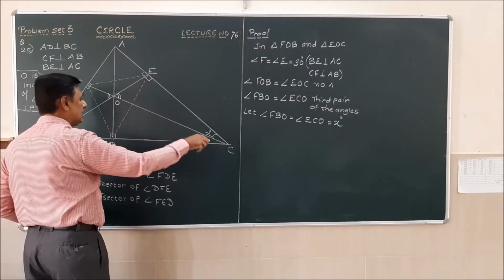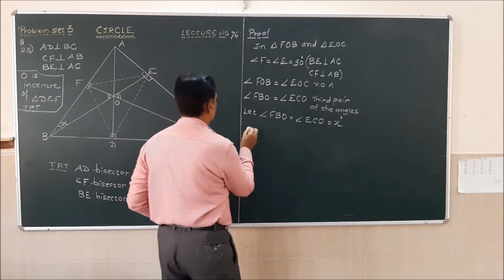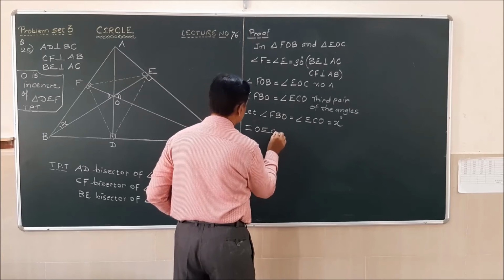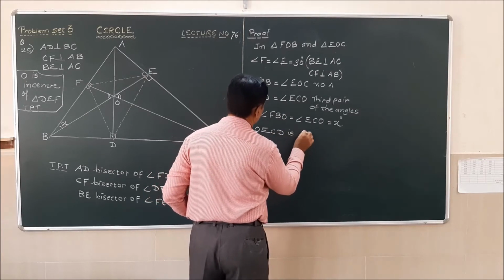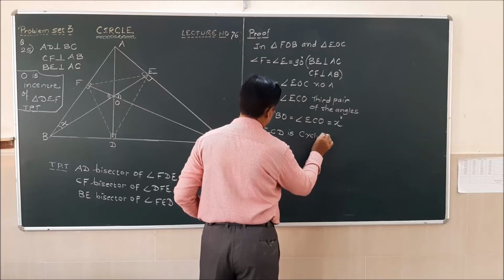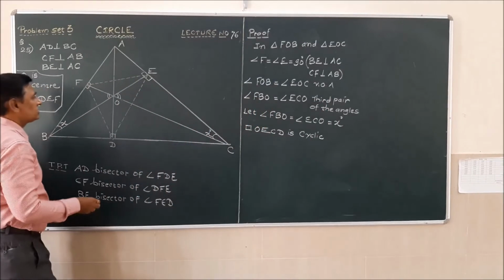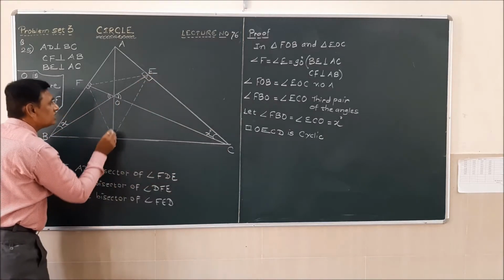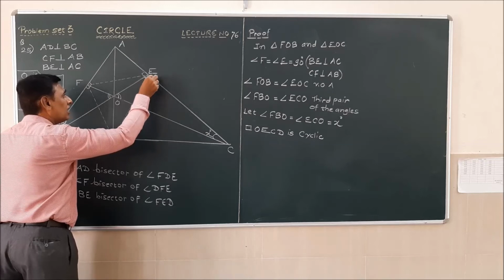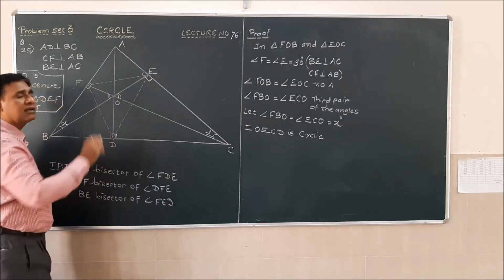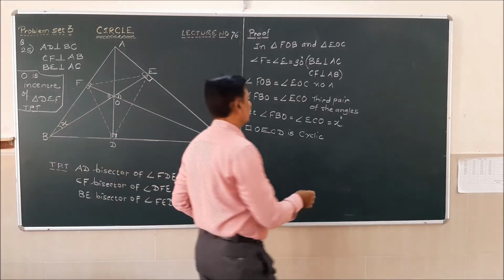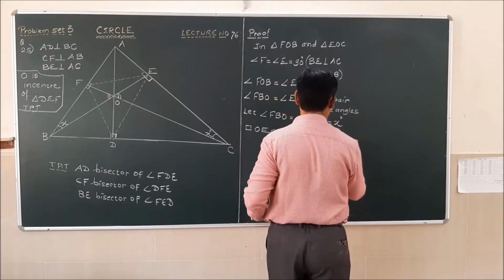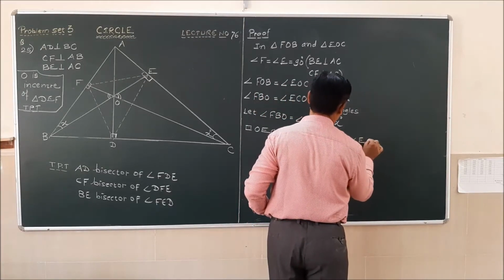Quadrilateral OECD is cyclic. Very, very important. Please try to understand. OECD is cyclic. Why? Opposite angles are supplementary. The reason is angle D plus angle E is equal to 180.